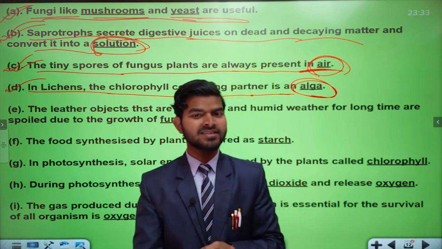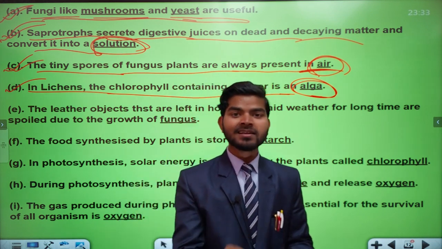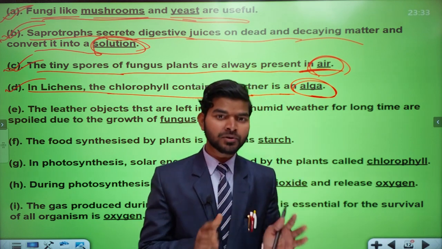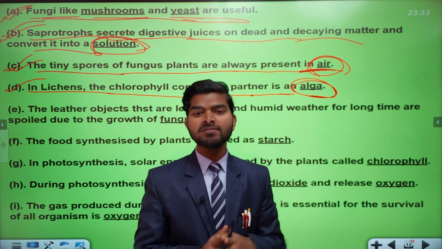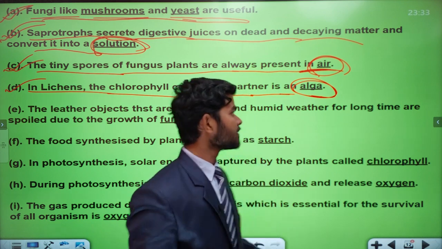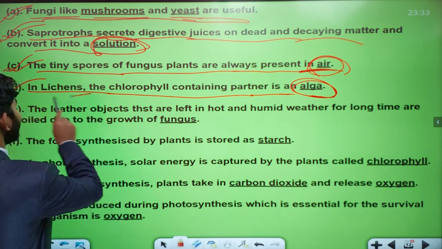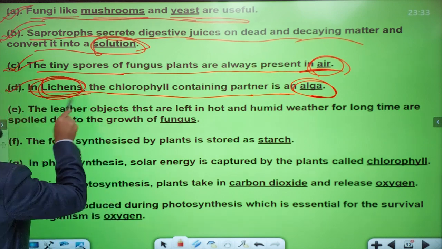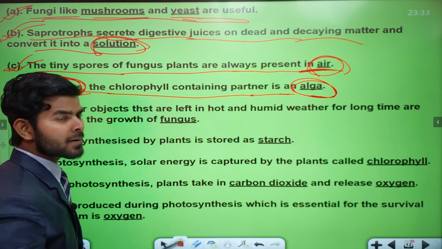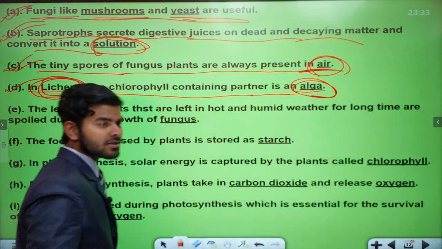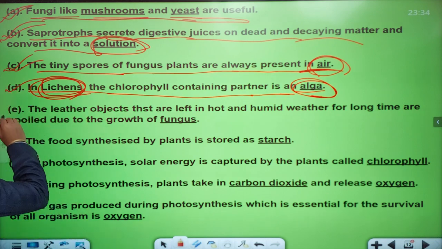Fungus is a non-green plant, and algae is a green plant. That means algae contain chlorophyll, so algae is green, and fungus doesn't contain chlorophyll, so fungi are non-green plants. So here the question is asking which species of plant in lichens contains chlorophyll. The correct answer is the alga. All right, all clear.